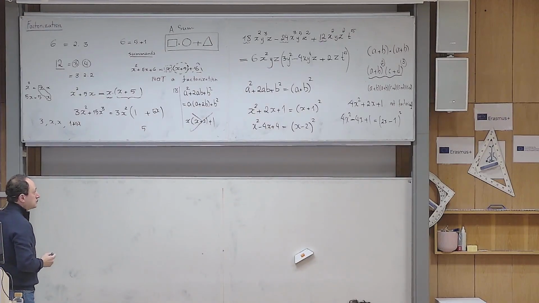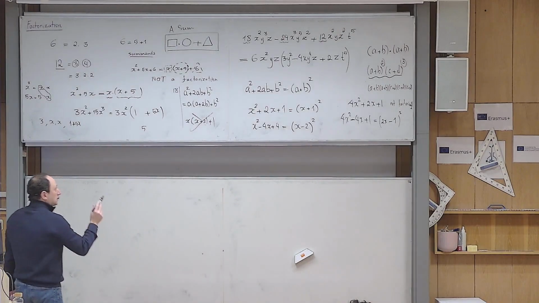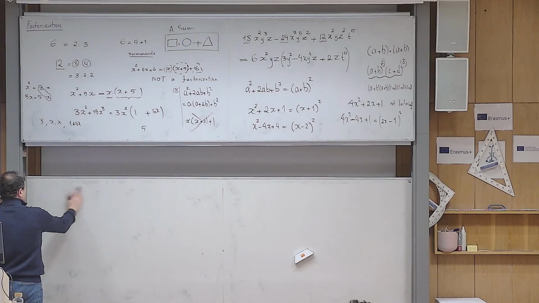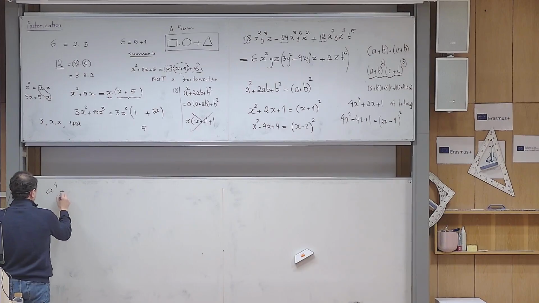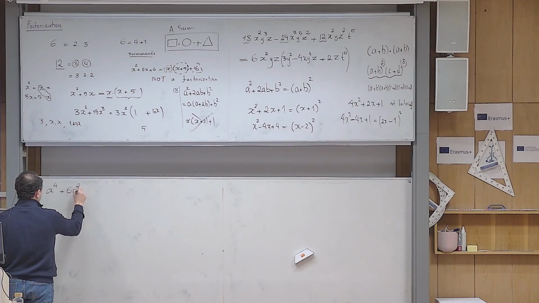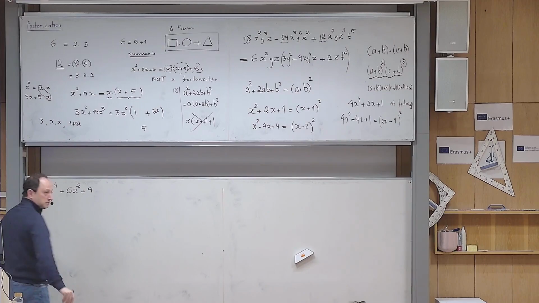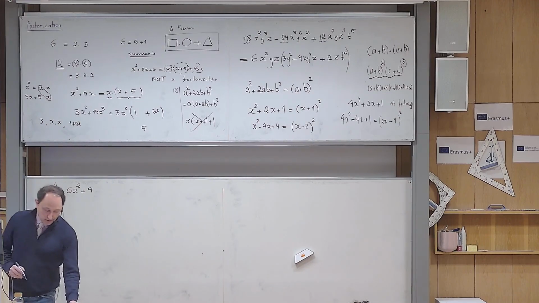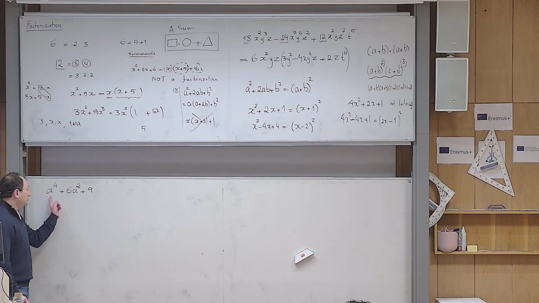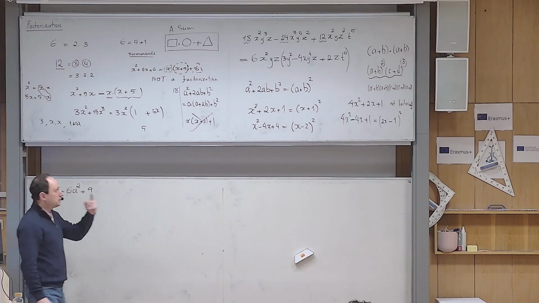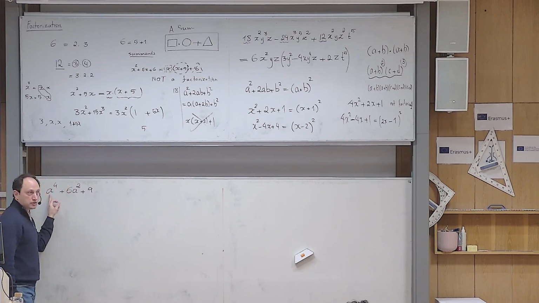Okay. So, for example, what do you think about this? Let me write a to the power of 4, and then I have 6a to the power of 2 plus 9. So I give you this and I ask you to factorize it. How many terms do you see? 3 terms. How many complete squares do you see? 2.